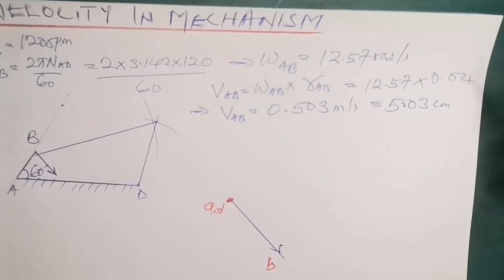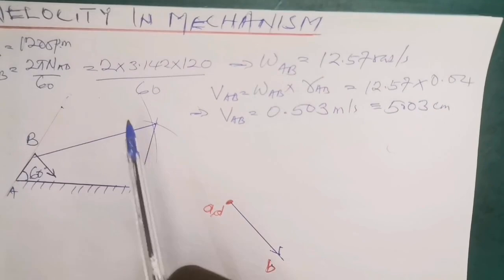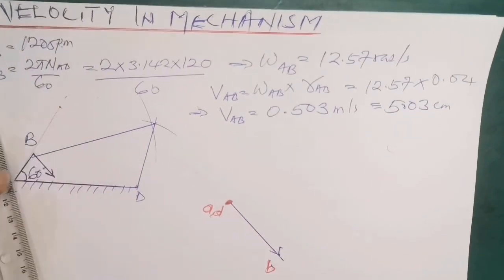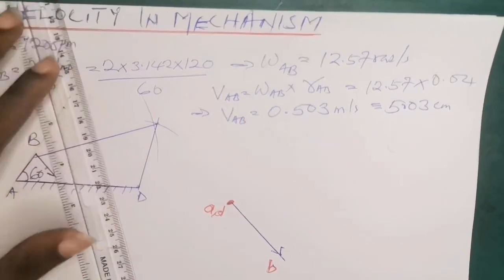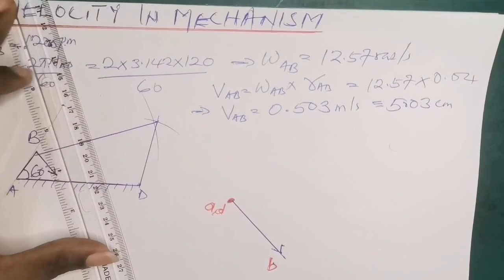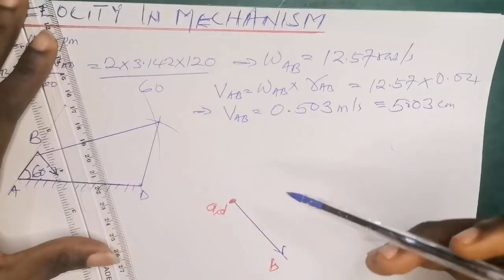Okay, now having obtained this, the next thing is from point B to point C, you draw a perpendicular line. The velocity must always be at 90 degrees to each link. So perpendicular to the link from B to C, it must be at 90 degrees to this link.